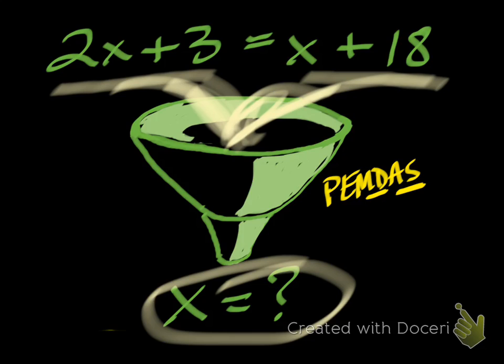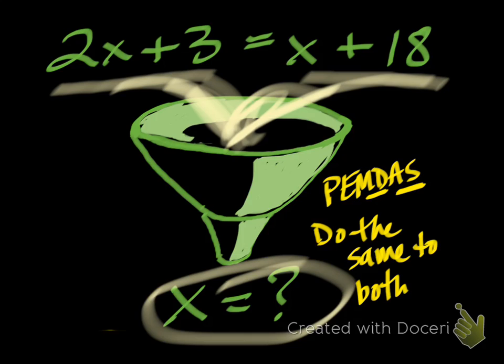We'll still do that with variables on both sides, but now instead of adding or subtracting just numbers, we might do that with variables too. So remember, we're still going to do the same to both sides.